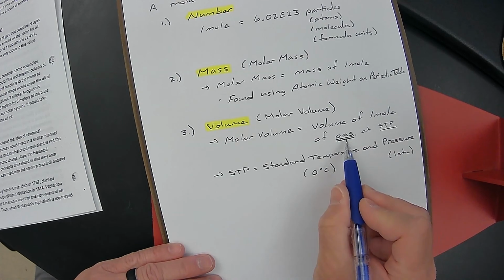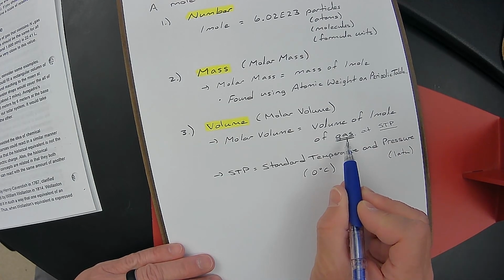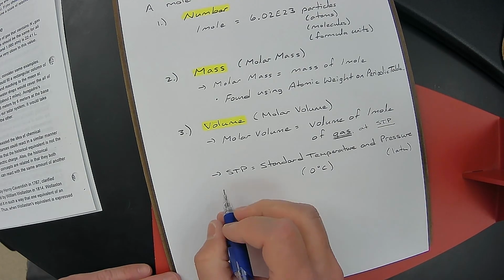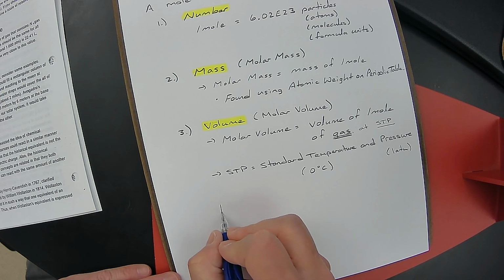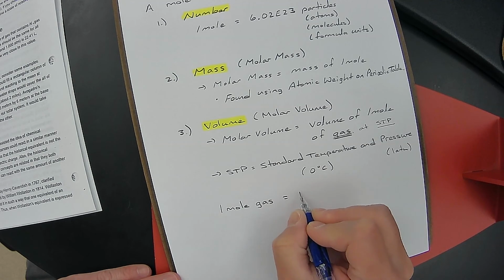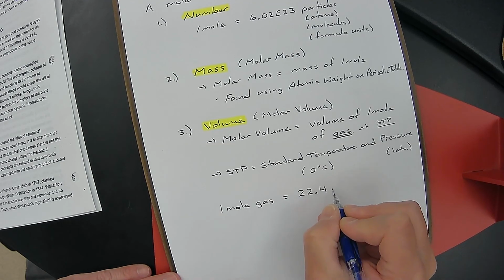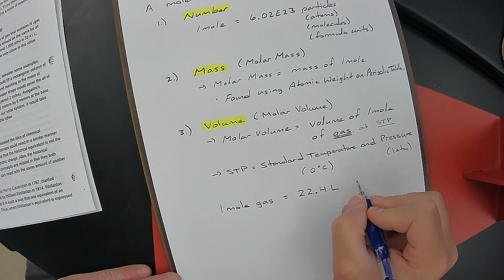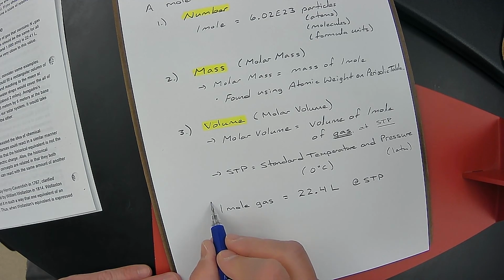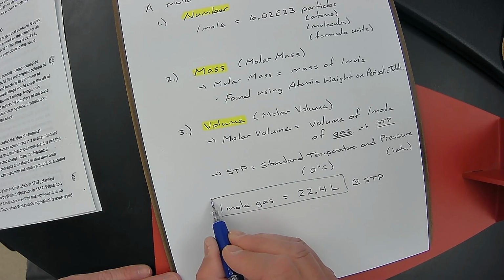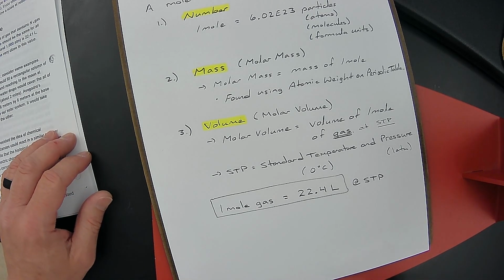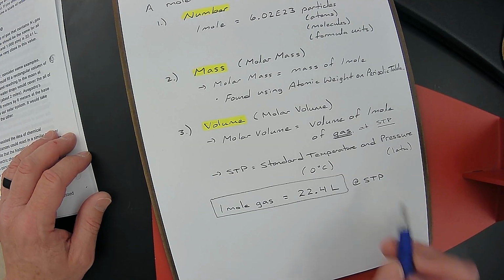If you're dealing with a gas, remember it has to be a gas, and you're at standard temperature and pressure, the molar volume is this: 1 mole of your gas is equal to 22.4 liters, as long as you are at this temperature and this pressure. So 1 mole of gas, that is the molar volume. 1 mole of gas is 22.4 liters as long as you are at standard temperature and pressure.